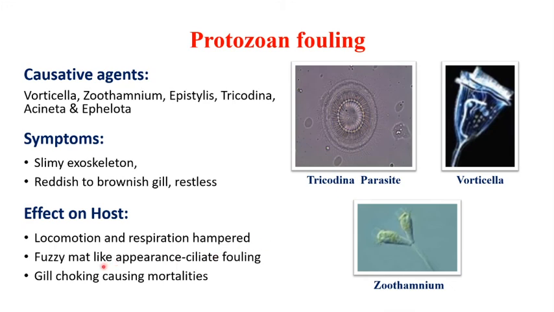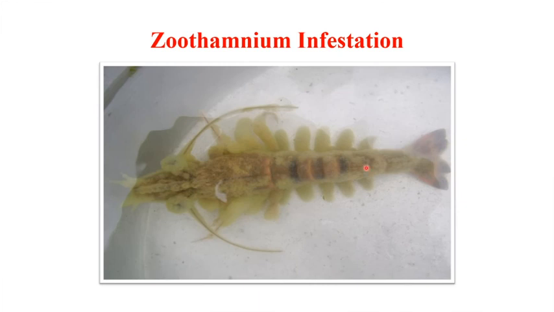Fuzzy mat-like appearance due to ciliate fouling, and gills are choked causing mortalities in the shrimps. We can clearly see these are the protozoans which are affecting the shrimps. Trichodina parasite, we can see Vorticella and Zoothamnium. In this image we can see the shrimp which is severely affected by Zoothamnium infestation.